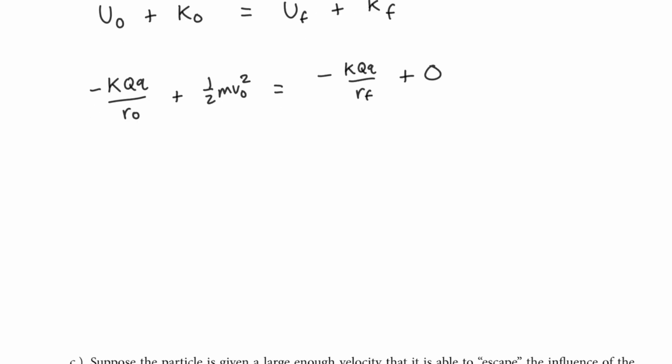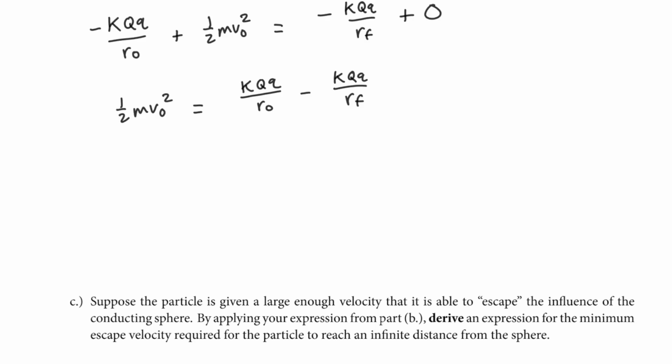So let's get the 1/2 mv0 squared by itself. So this would turn into plus when I add the r0 terms. So I'd get positive kqQq over r0 minus kqQq over rf. We can do some factoring.